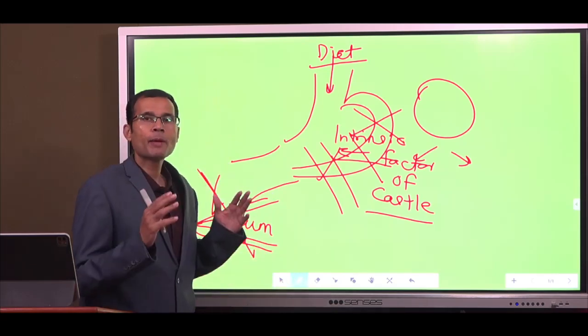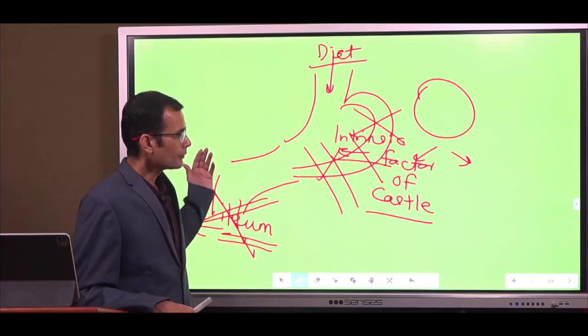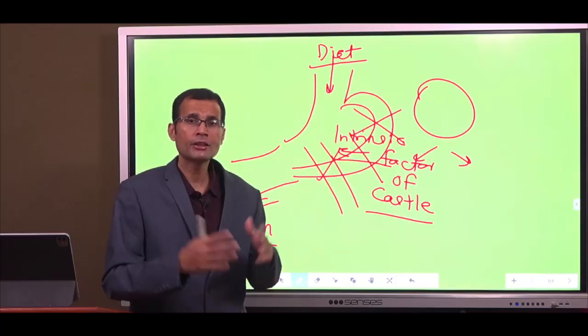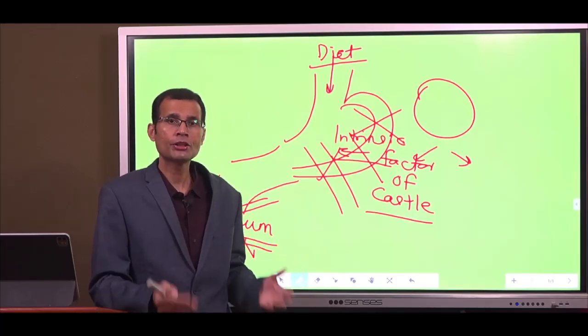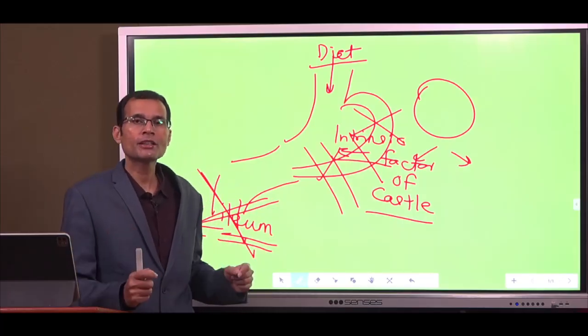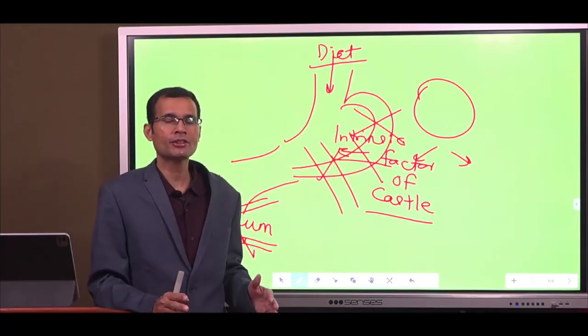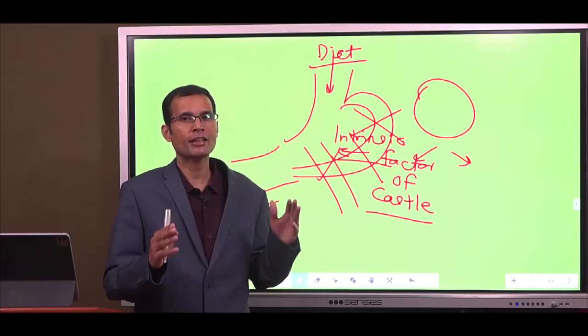Particularly in the spinal cord, there would be degeneration of the nerves, and peripheral nerves also show degenerative changes. So pernicious anemia, what is pernicious? Because it shows neurological manifestations, it is called pernicious anemia.